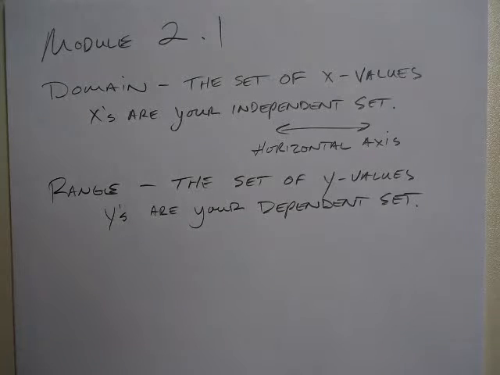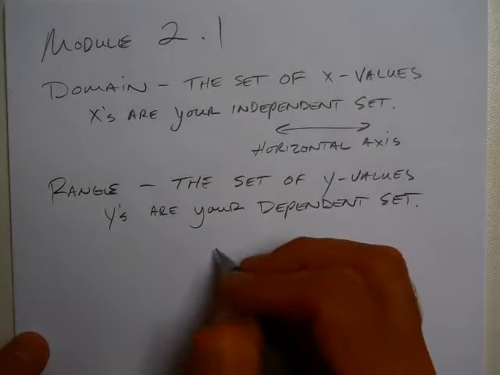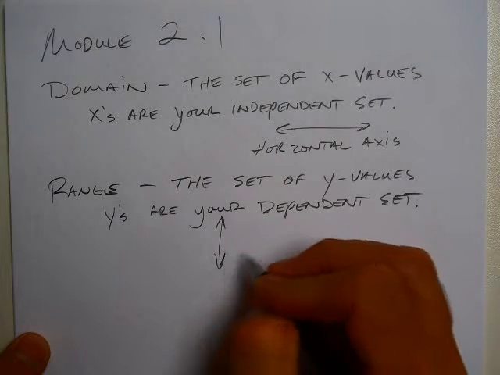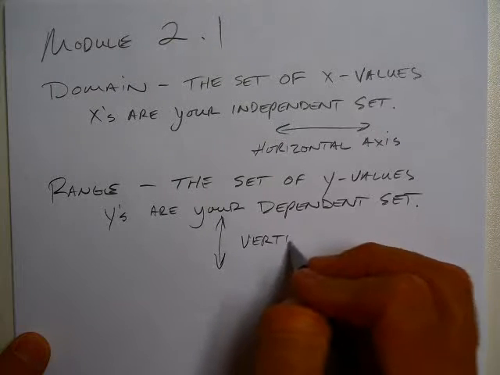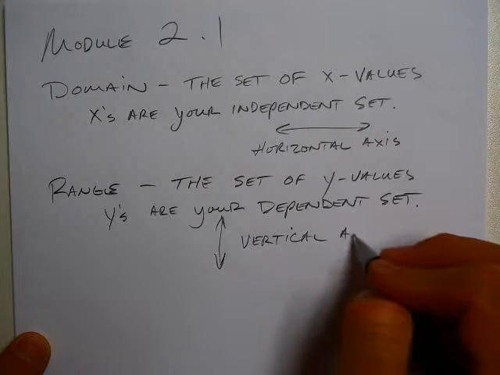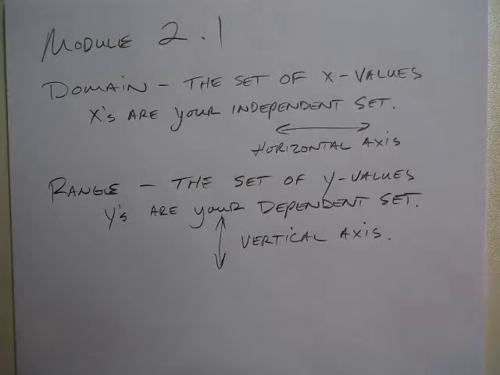In my example, gasoline price is dependent on the oil price, the crude oil price. It doesn't go the other way. This is your vertical axis. You might say the range is what you're studying. So, domain and range.